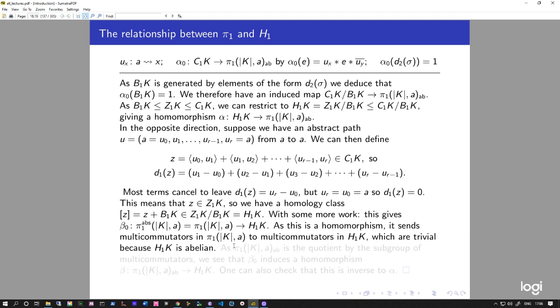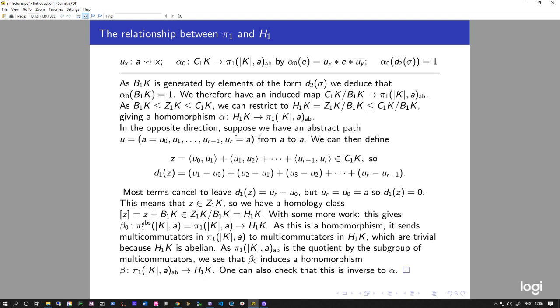And because of that, it factors through the abelianization. And so we get a homomorphism beta like this from the abelianized pi1 to H1, in the opposite direction to the alpha that we produced up here. And again, there's a certain amount more work to do that we're not going to discuss, but you can check that this alpha is inverse to beta, so we have an isomorphism as claimed.